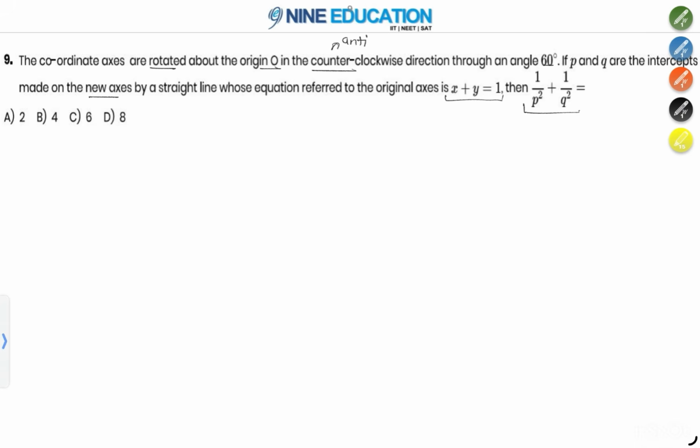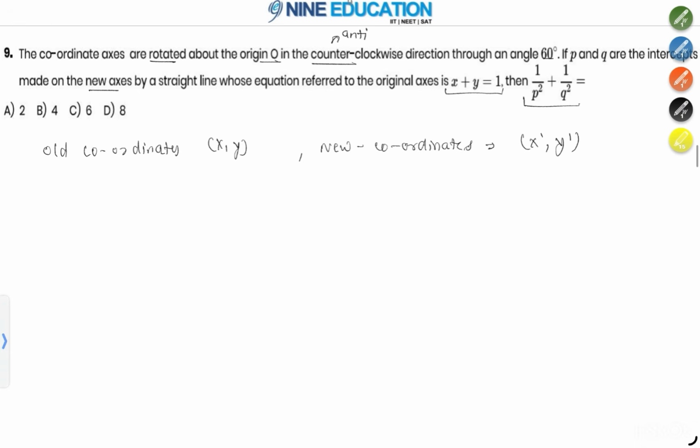Now think of it. If the axes are rotated about the origin in the anti-clockwise direction, then old coordinates and new coordinates have a relation. So let us write that relation. The old coordinates are x comma y, and the new coordinates are x dash comma y dash.